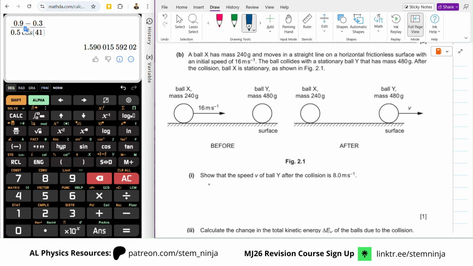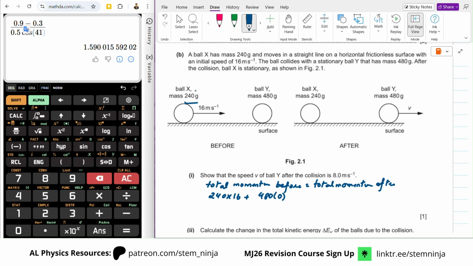Okay, so total momentum before equals total momentum after collision. So you have 240 times 16 plus 480 times 0.